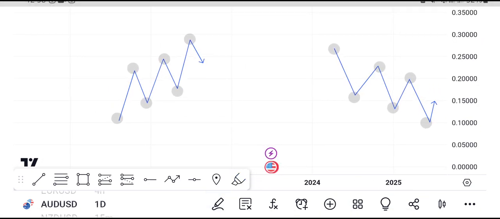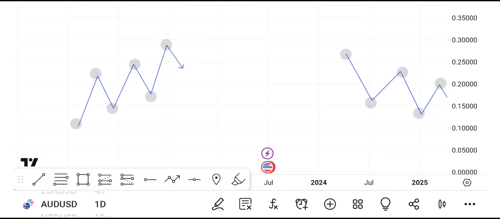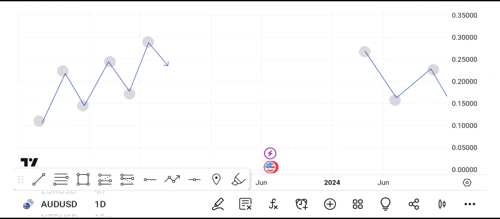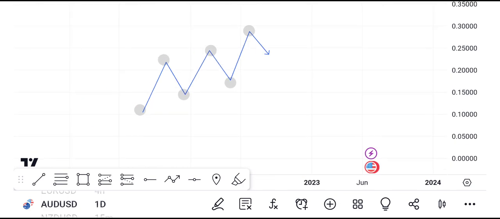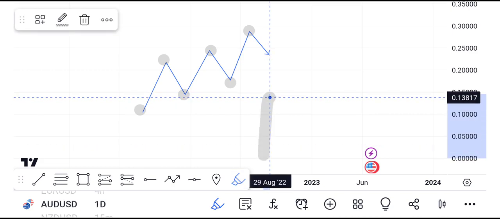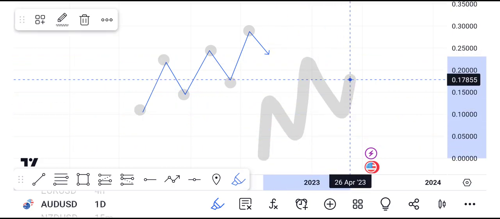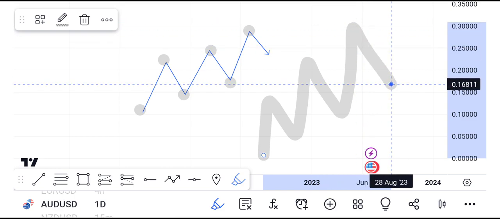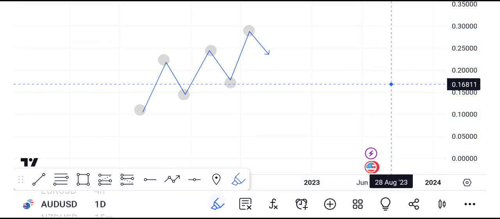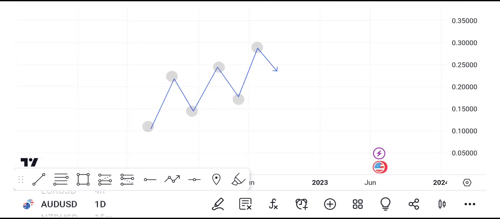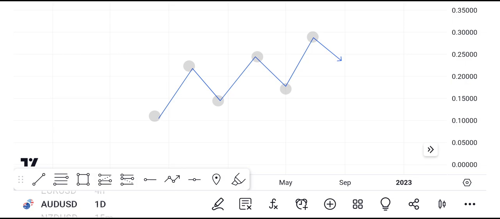When we're moving in a trend like this, if we are in an uptrend, which is a pattern that consists of higher highs, higher lows, higher highs, higher lows, that right there is an uptrend, ladies and gentlemen. That is how you identify an uptrend.